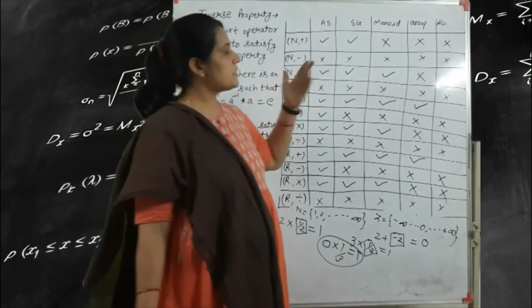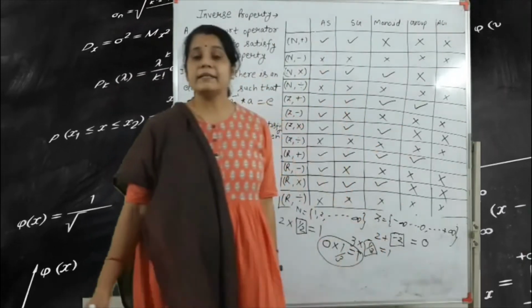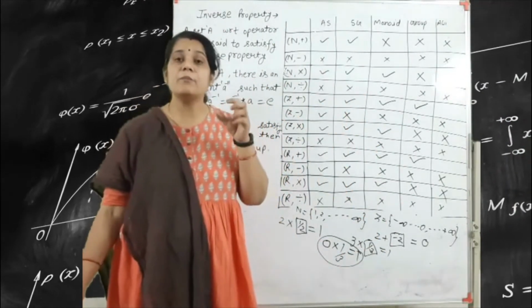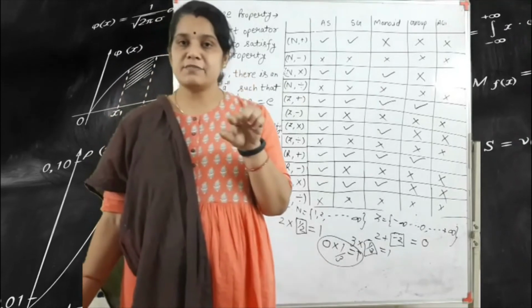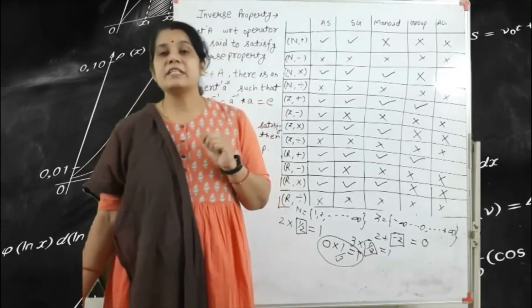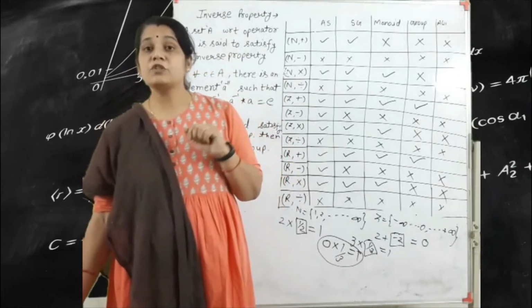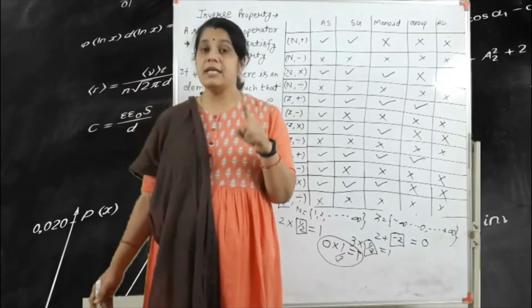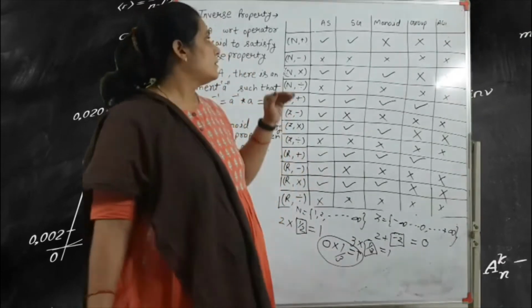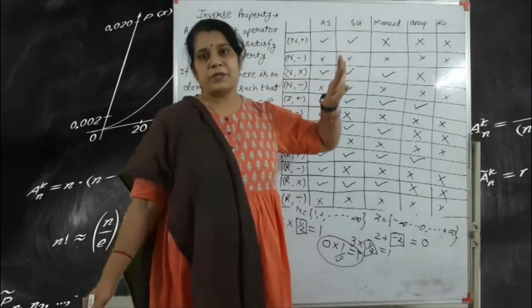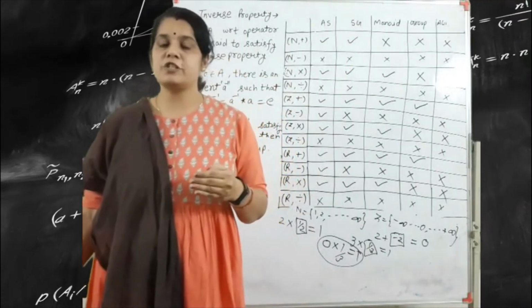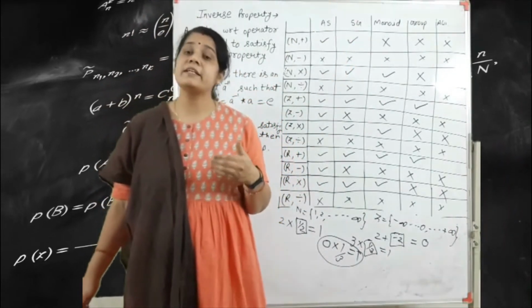Okay, so next one is the abelian group. Abelian group, what does that mean? If the commutative property is satisfied by the set A, then we can say that this is an abelian group. So this is not only one property. We have already found the four properties: closure property, associative property, identity property, inverse property.